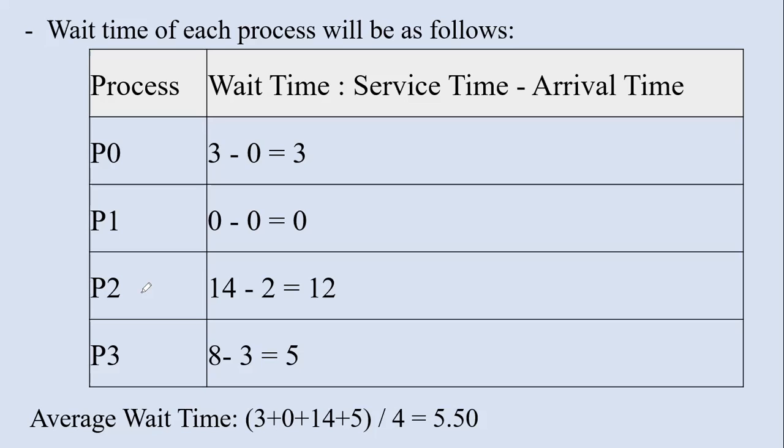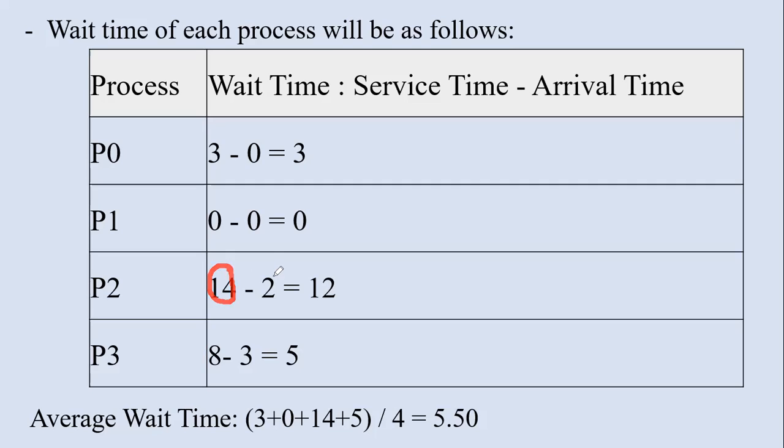Process P3 will start being serviced at time 8. It will have waited for time 3, that is for P0 to complete. And therefore, the waiting time will be 5. Then lastly, we have process P2, whose servicing time will start at 14 after the other processes have completed being serviced.